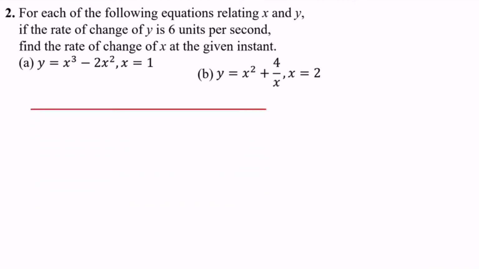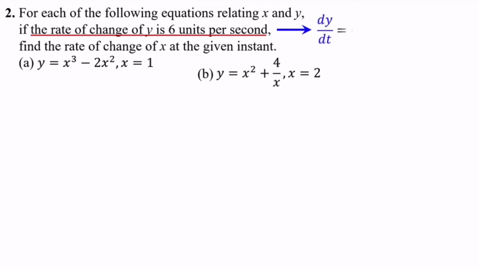So after we read the question, rate of change of y, whenever we see a rate, it is over dt, so we have to write it in terms of the symbol so that we can substitute into the equation for the chain rule later. So dy/dt equal to 6 units per second.